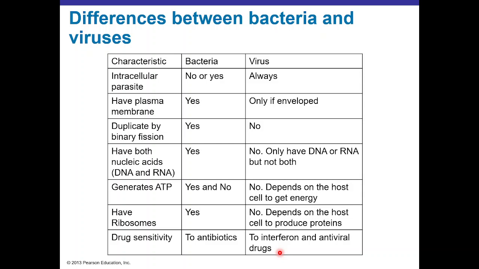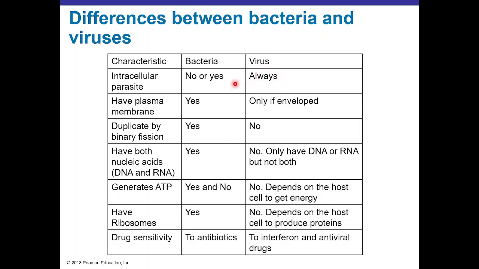Remember, bacteria are prokaryotic cells and viruses are non-living organisms. So bacteria generally are not intracellular parasites. Some of them can be, like chlamydias and rickettsias, but for the most part, bacteria are not intracellular parasites.